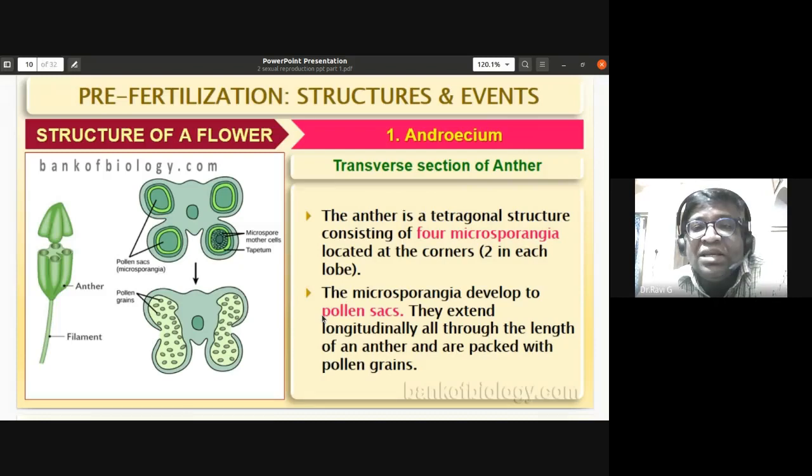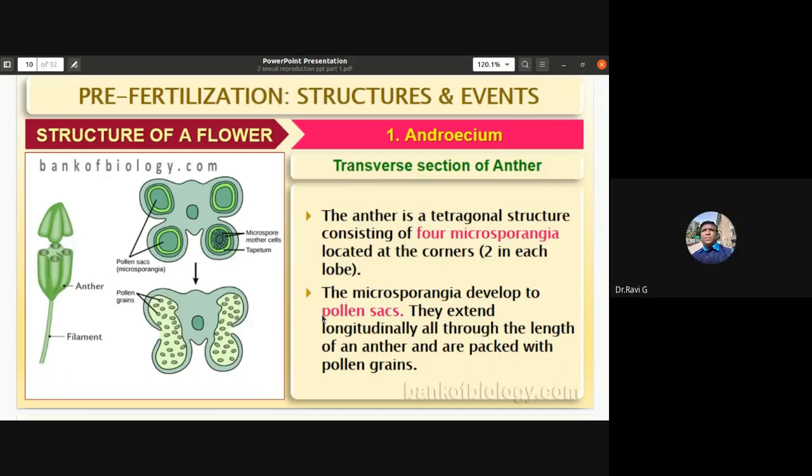So the section of anther shows four microsporangia located at the corners. There are two microsporangia in each lobe. The microsporangia develop to form the pollen sacs. They extend longitudinally all through the length of an anther, and they are packed with pollen grains.